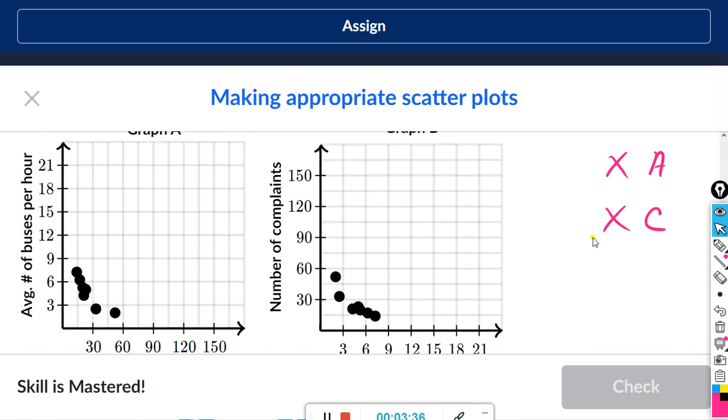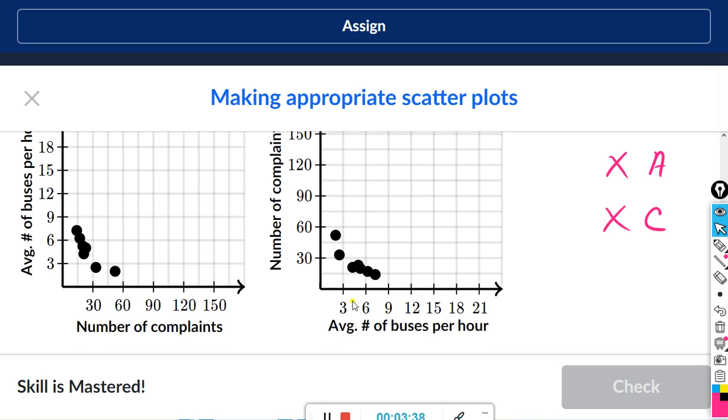We said it's not A or C. Now this one starts at 0, but it goes way past 7.5. As a result, all the data points are bunched up on the lower end of the graph. That is no good, so it's not answer B.